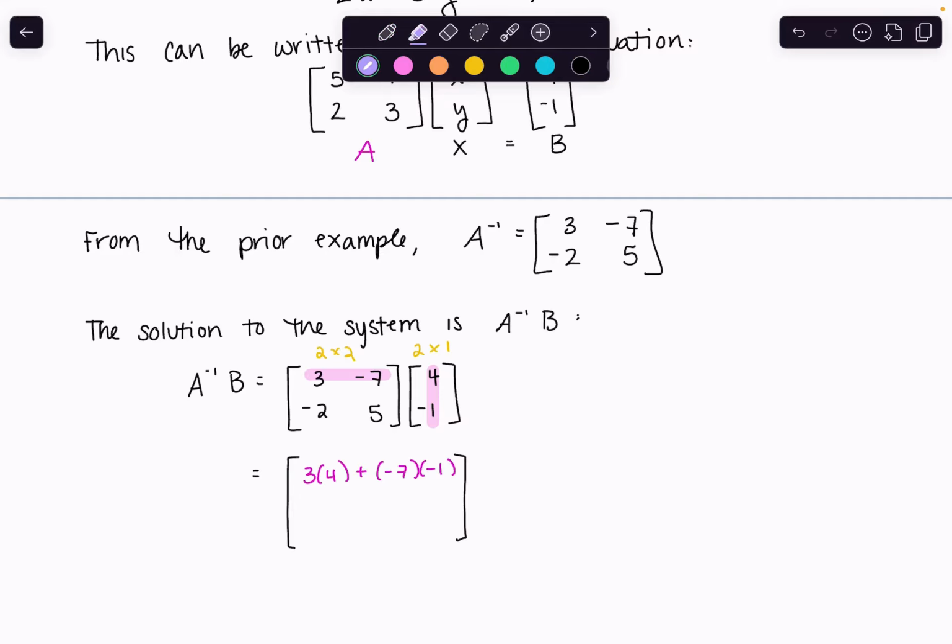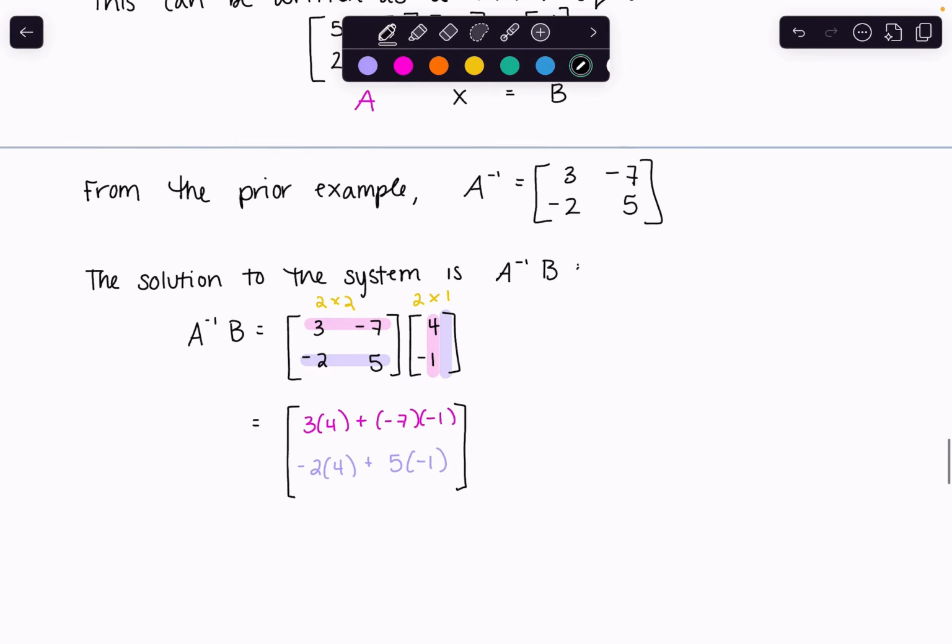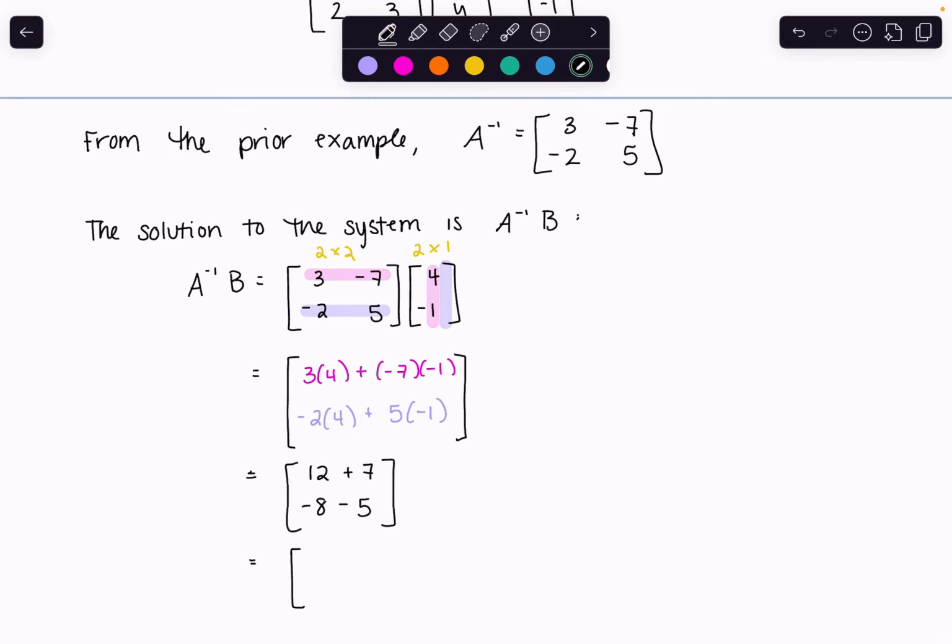Then I do the same thing. I have my second row, first column. So multiplying those together is -2 and 4, and 5 and -1. So simplifying that gives us in the top 12 plus 7, and here is -8 minus 5, giving us 19 and -13.